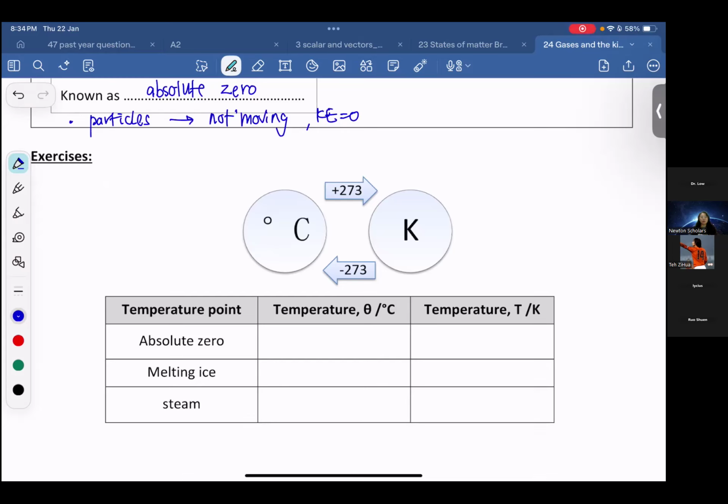And then the second one, melting ice: what is the degree Celsius and what is the Kelvin? Last one, the steam.